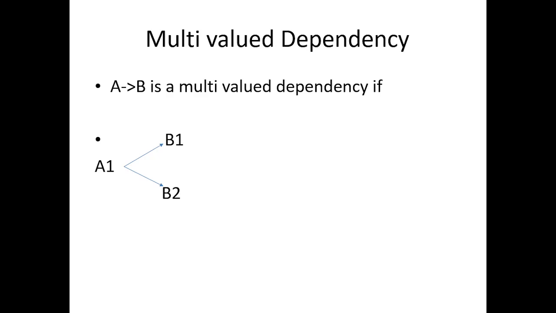And what is meant by a multi-valued dependency? This is just an informal definition. Suppose we have a dependency like A to B, and we can call it a multi-value dependency if for a single value of A, we can have more than one value for B. Then that is known as a multi-value dependency.